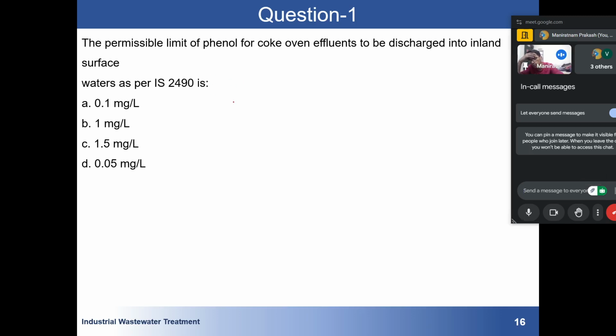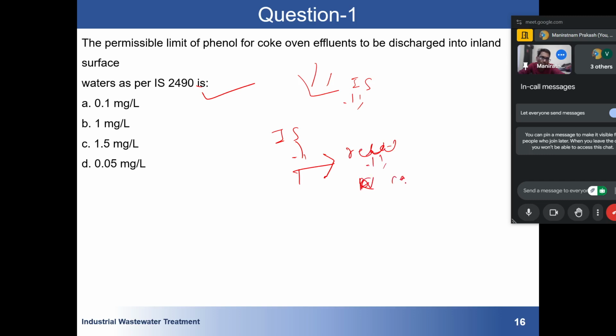This is a simple question. You should not assume that you need to remember the IS code, but these are some of the basic things. In the IS code for drinking water, we know there are several parameters, and if you are working in environmental engineering related to water, it is expected that you know all the limits for every element present in water: calcium, magnesium, alkalinity, hardness.